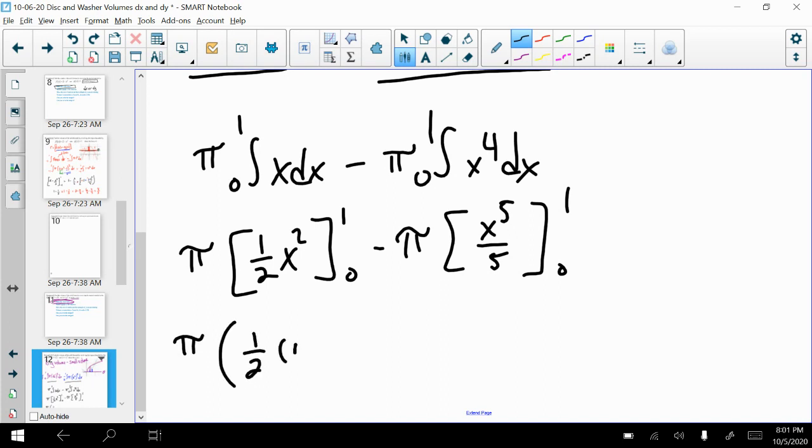So we get 1/2, 1 squared minus 1/2 times 0 squared, which is just a half, right?